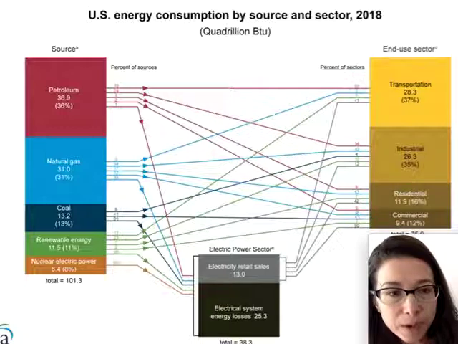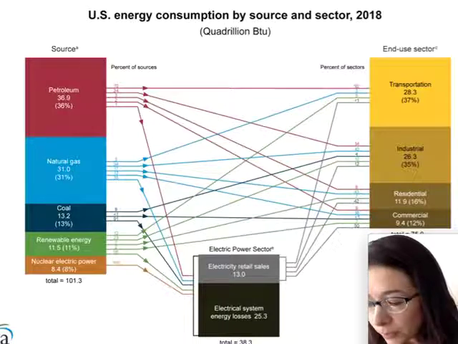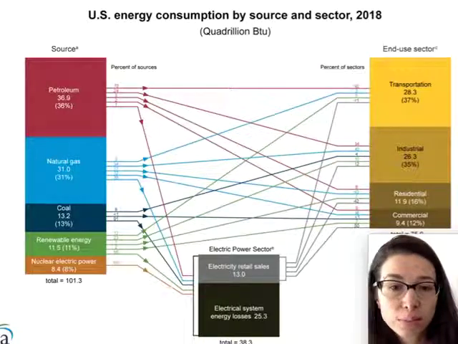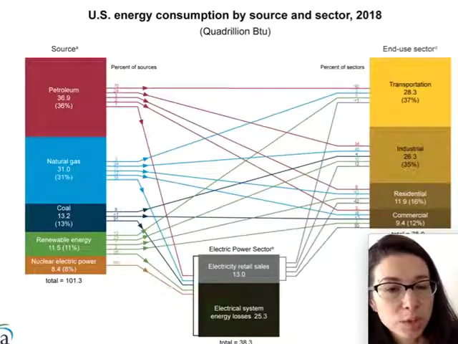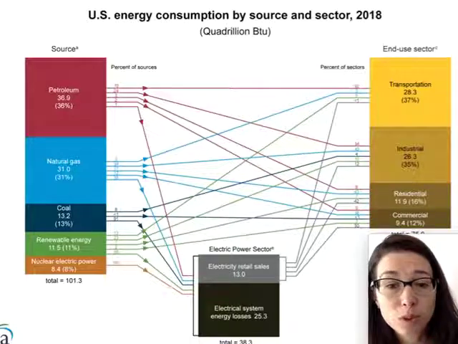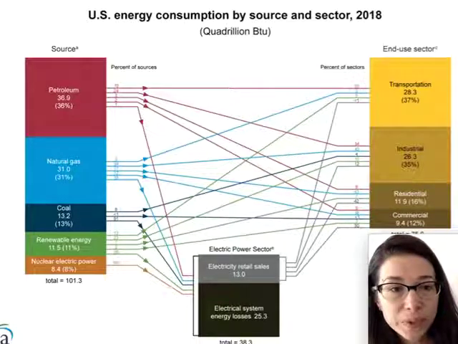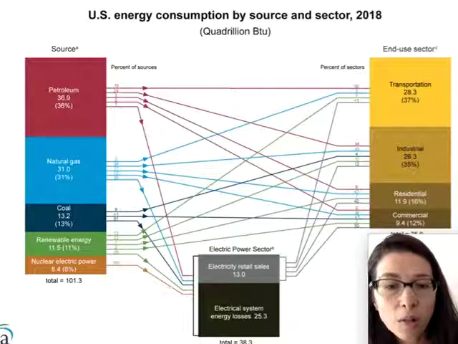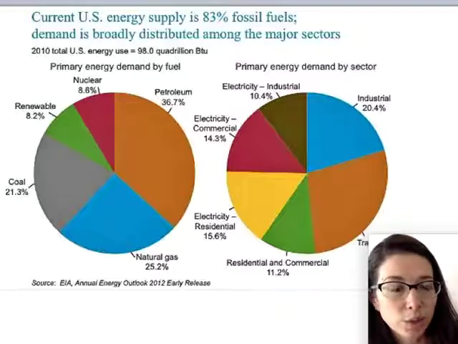So transportation, and that is largely just personal use, right? Personal transportation. So let's look at some more data measurements. So about a third to more than a third of all of our energy goes to just driving around in our cars, and then the rest is electrical use, industrial and personal electrical use, and commercial.